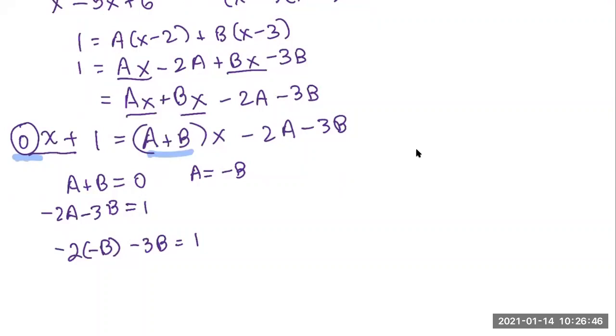Okay, so 2b minus 3b, you would end up with negative 1b is equal to 1, b is equal to negative 1. How would you then figure out what a is equal to? Once you figure out what b is equal to, what do you do to figure out a?